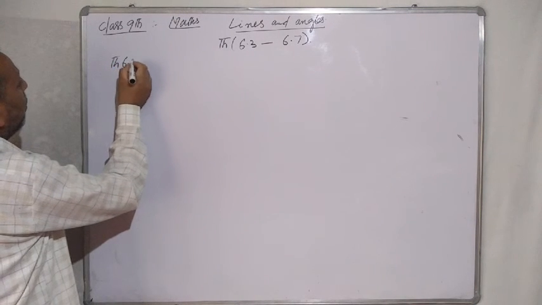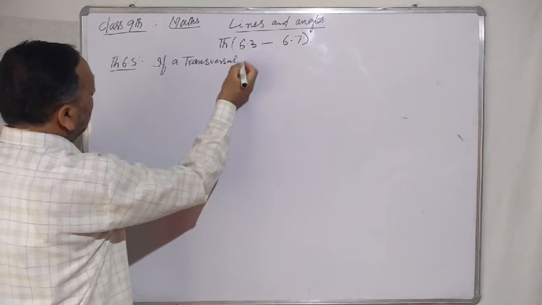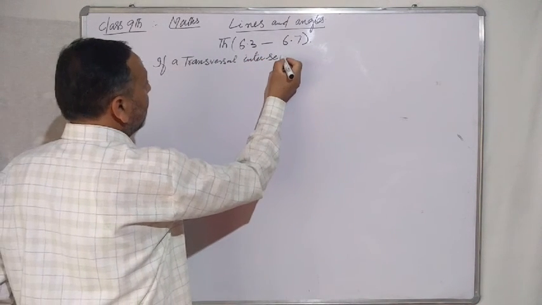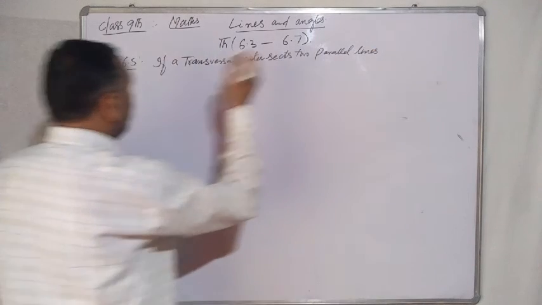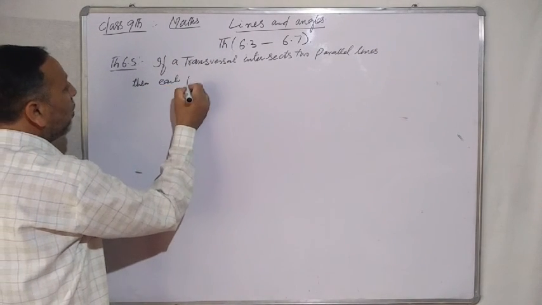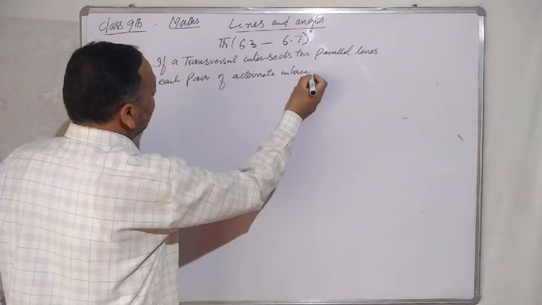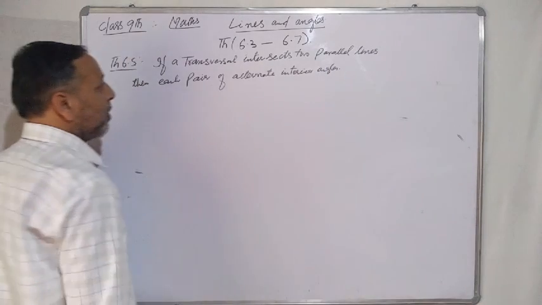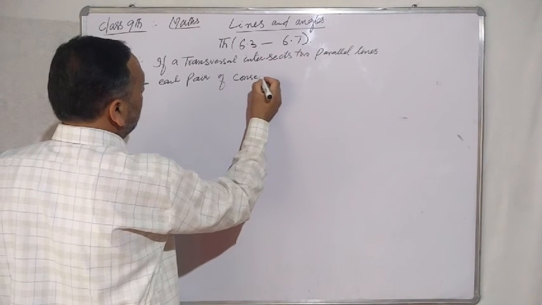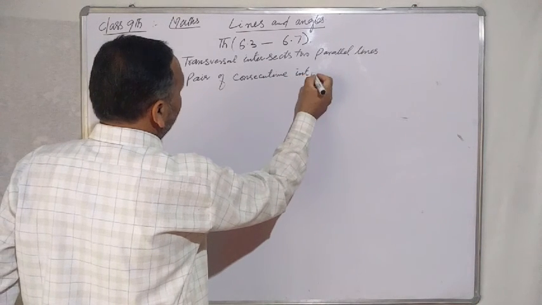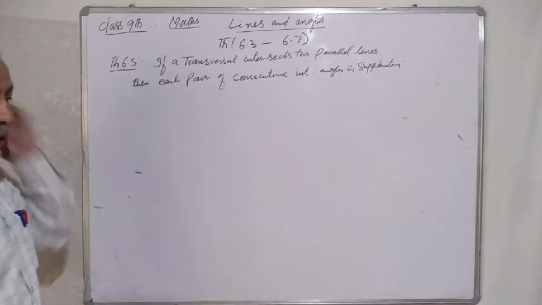If a transversal intersects two parallel lines, then each pair of consecutive interior angles is supplementary.